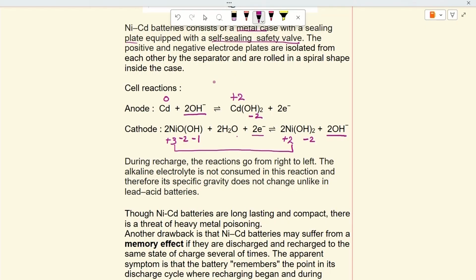Now, again this is a rechargeable one, and these cell reactions occur during the discharge, or when we use the battery to derive electricity. During recharge or charging, what happens is these reactions are reversed.